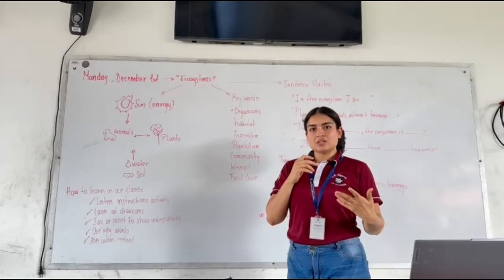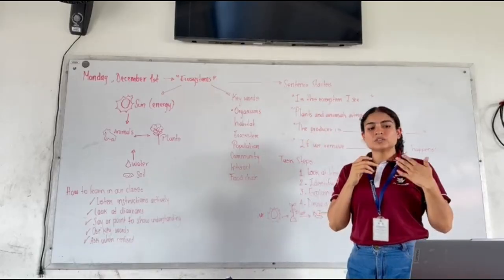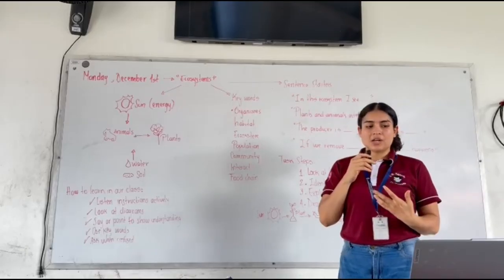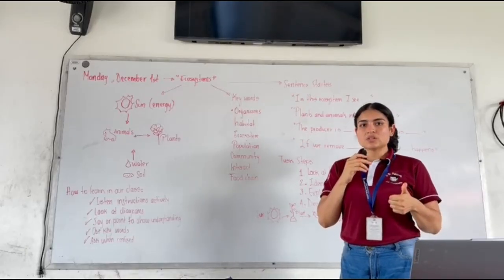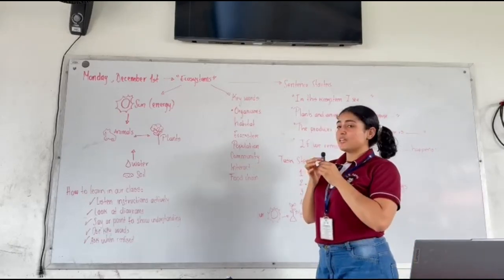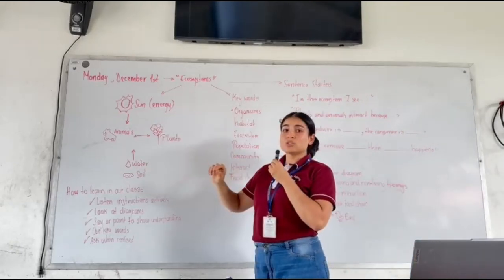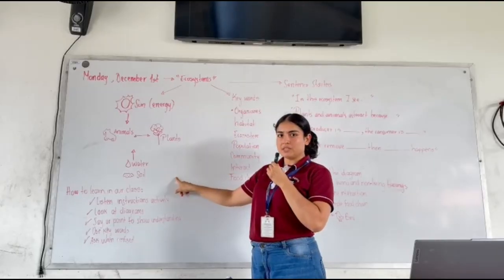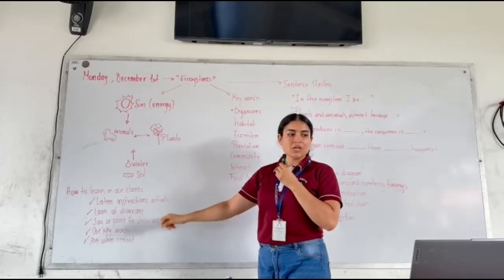By the end of this activity, you will understand the interactions between producers, decomposers, and consumers, as I point and draw in this diagram right over here on the whiteboard.